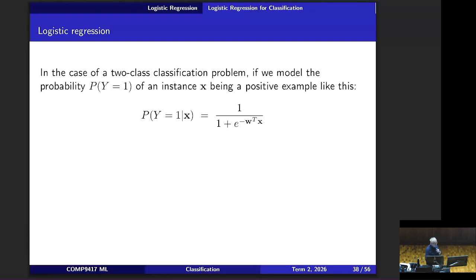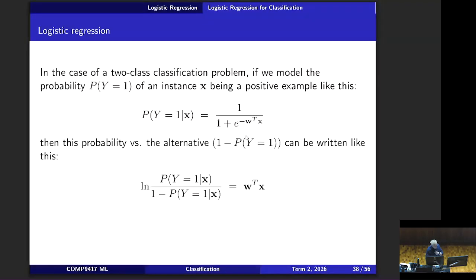If we model the probability of being in a positive class, so an instance being predicted positive, we'll say the probability y equals 1 given x is this thing here. This is what we had on the previous slide. Now the alternative, because there are only two classes, must be 1 minus this, so 1 minus the probability of y equals 1.